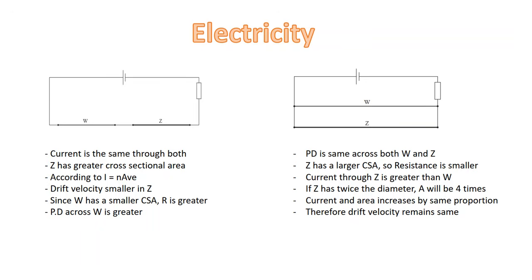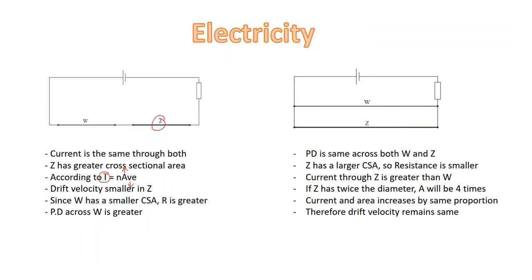So we have two wires here, one thicker than the other. Thicker means it has a larger cross-sectional area, and since they are connected in series, the first diagram of course, the current is the same through both. Since Z has a greater cross-sectional area, according to I equals nAvq, that is the transport equation, I remaining same, if A is greater, drift velocity will be smaller.